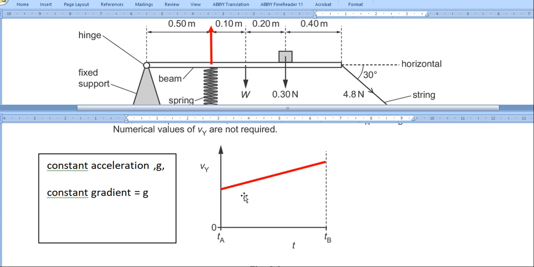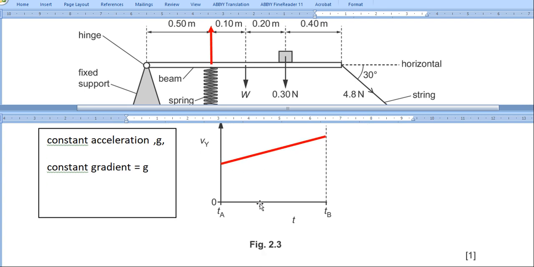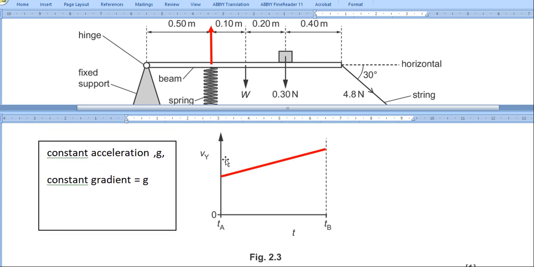So the ball is moving as a projectile, and the horizontal component doesn't change, but the vertical component increases and the gradient of the graph equals acceleration. It is constant and it is equal to g. So we assume that at point A there is some initial velocity which increases.